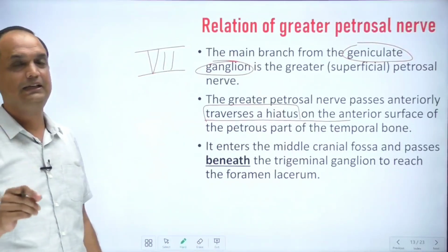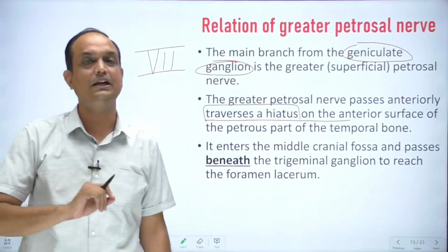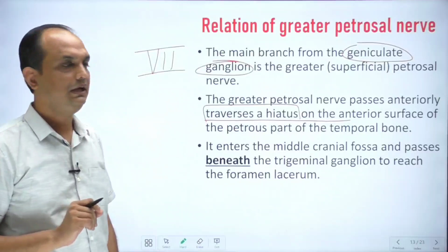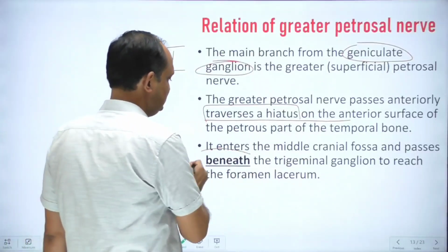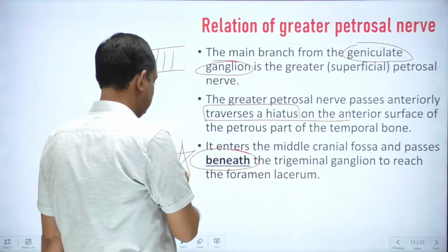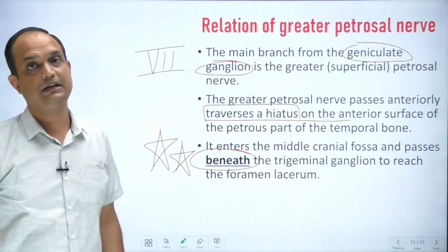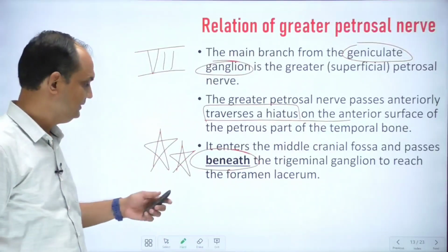And the important thing is that when this hiatus is running into the floor of middle cranial fossa, this hiatus lies beneath the trigeminal ganglia. It lies beneath the trigeminal ganglia to reach the foramen lacerum.